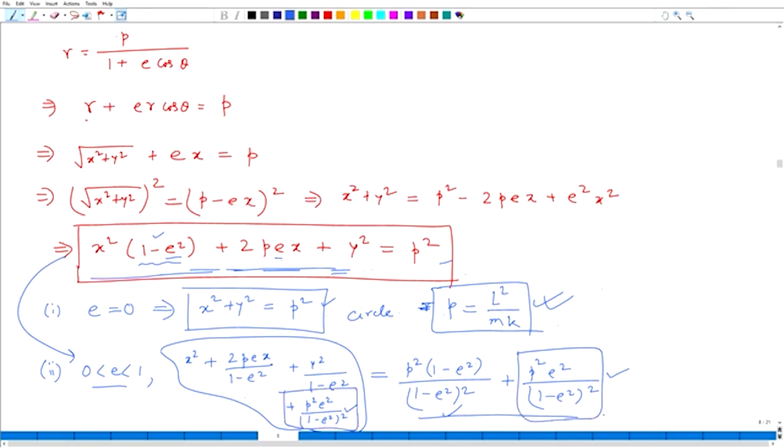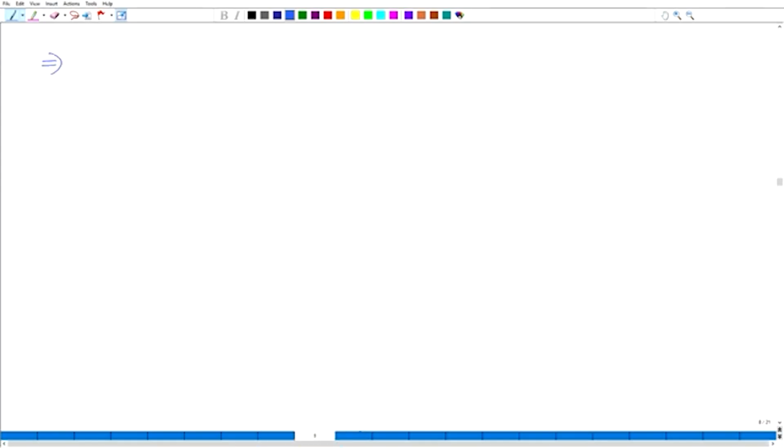You just add equally. What is the advantage of this? Finally you write those equations as x plus pe over 1 minus e square whole square by a square plus y square by b square is equal to 1.